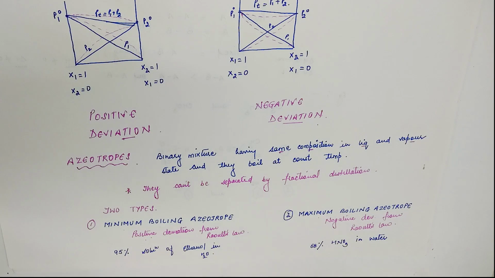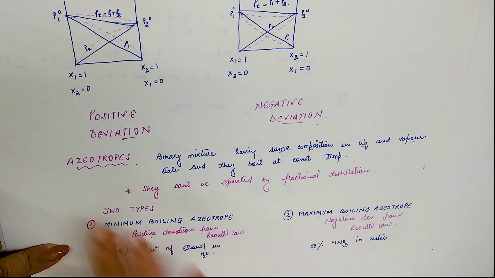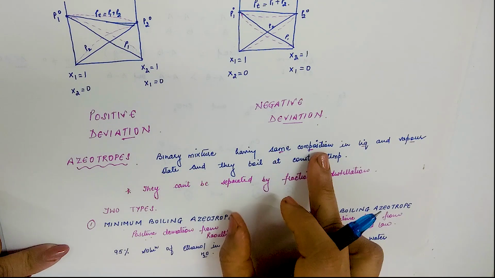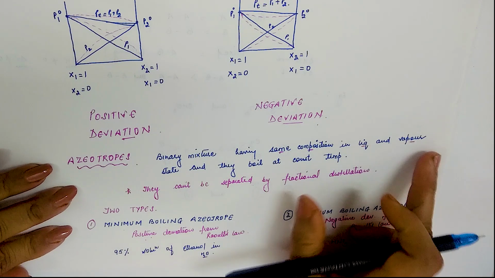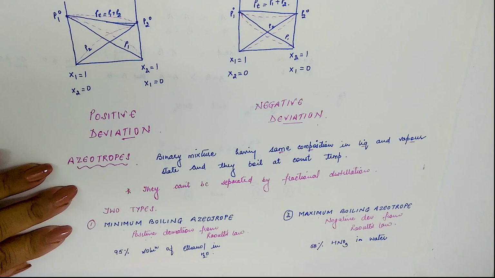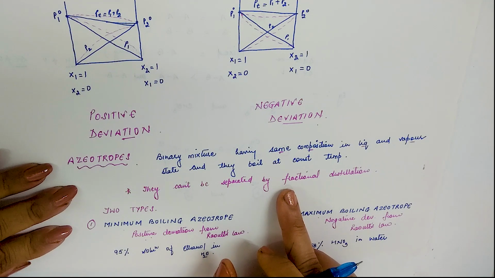And the other example is 95% solution of ethanol in water. This azeotrope is clear to you: the binary solution which has the same composition in liquid and vapor phase and which boils at a constant temperature. You can't even separate them by fractional distillation.